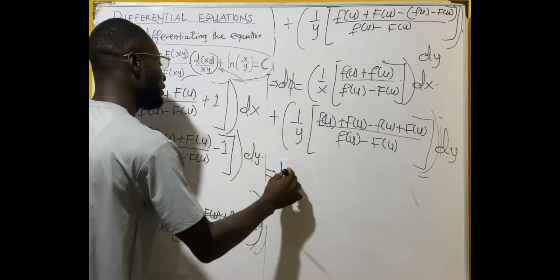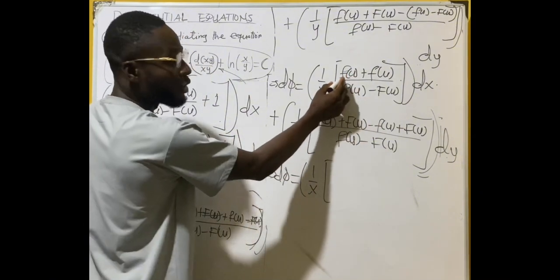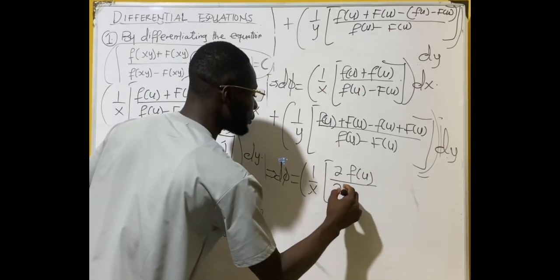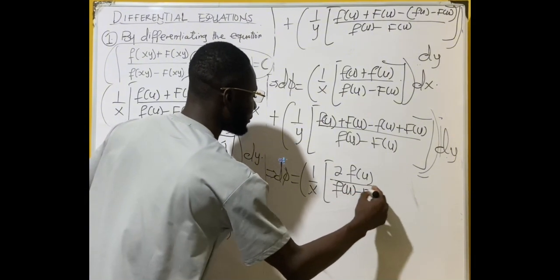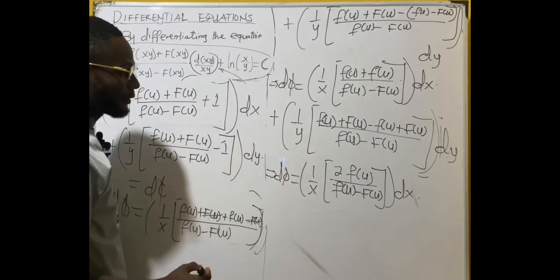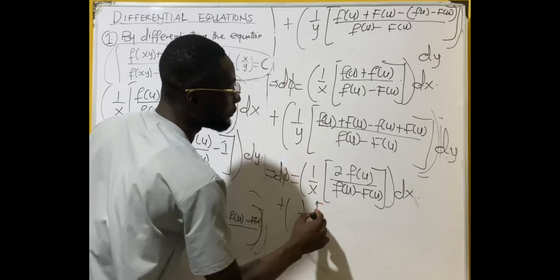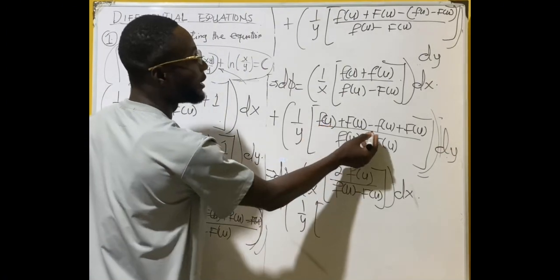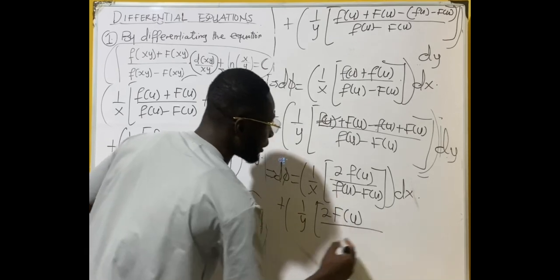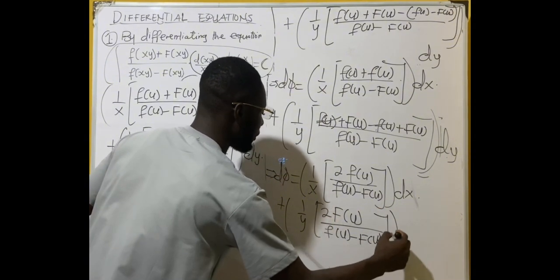So we have our total differential of phi equal to 1 on x into small f of u plus small f of u, which is 2f of u, divided by small f of u minus big F of u, dx, plus 1 on y into small f of u, positive and negative f of u goes off, so we're going to have 2 big F of u all over small f of u minus big F of u, dy.